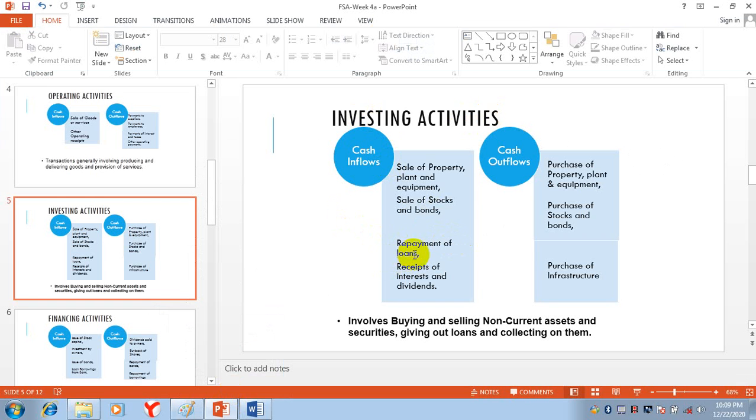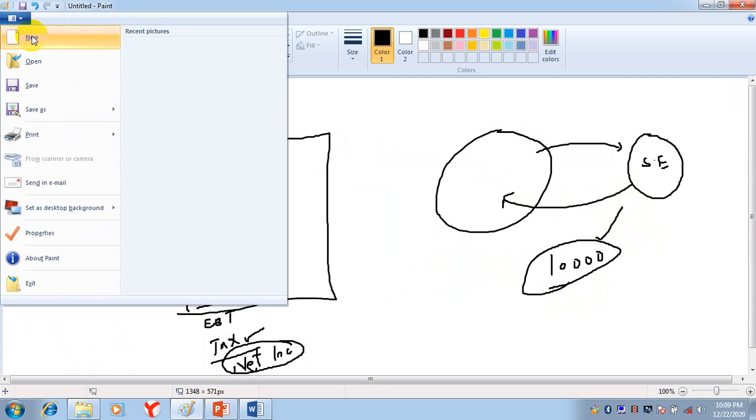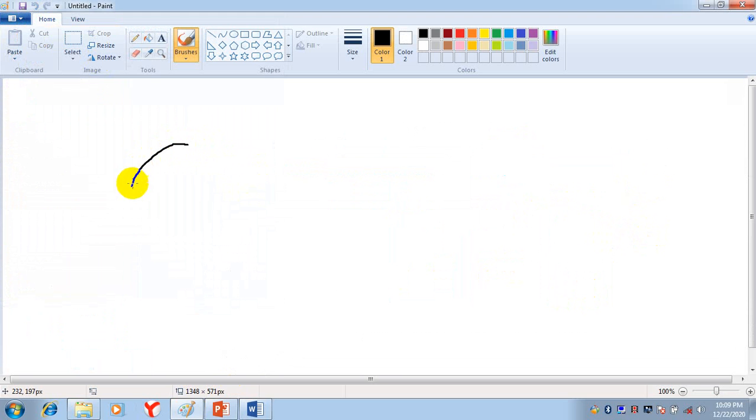Repayment of loans. When they will repay loans, so cash will go out of the business. There will be cash outflow. Receipts of interests and dividends. Now keep in mind, when they will invest in stock exchange, they will purchase bonds and shares. Suppose this is Salam University.